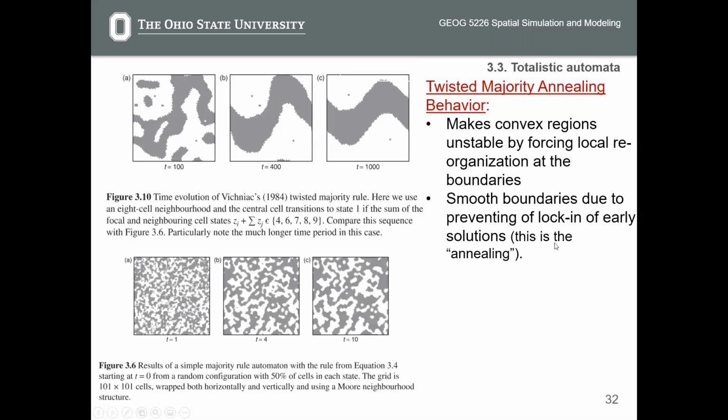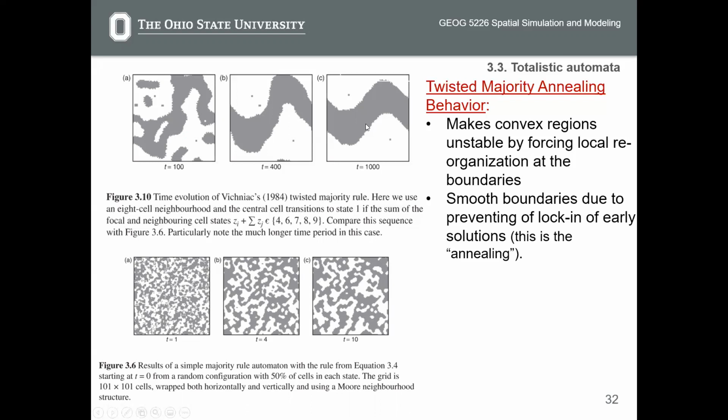Let's compare them. Before I introduce the concept of annealing, this is simple majority. At the end, this is the stable state for the whole system: a lot of small aggregations of gray cells and white cells, and especially the shapes of gray clusters are complex.